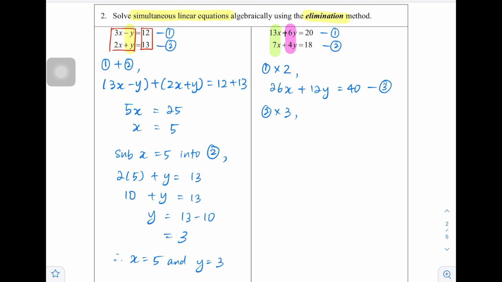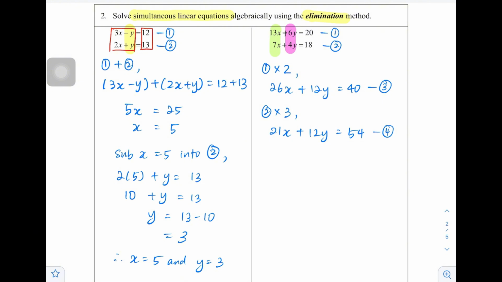So 7x times 3 is 21x, 4y times 3 is 12y, and 18 times 3 is 54. Now we can see that we have obtained 12y and 12y for both the equations, so we are ready to eliminate the variable y.